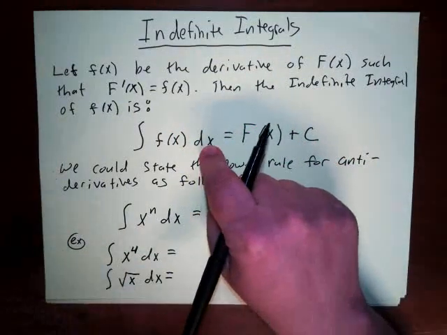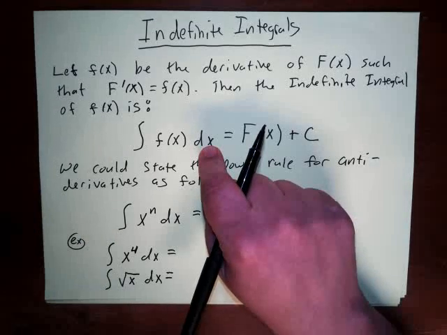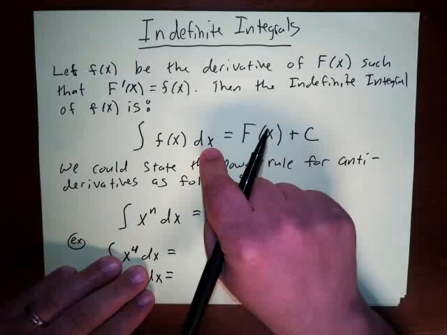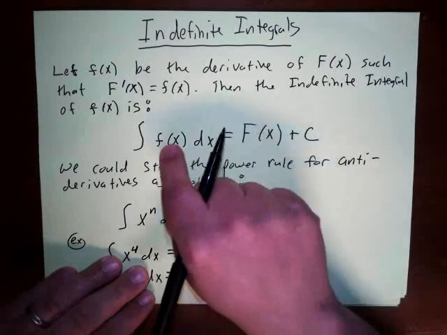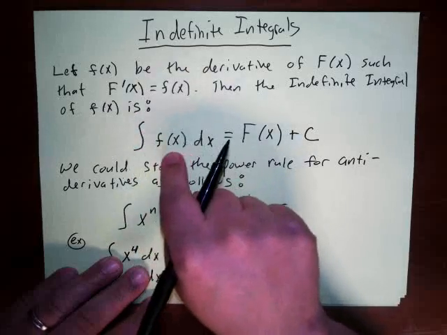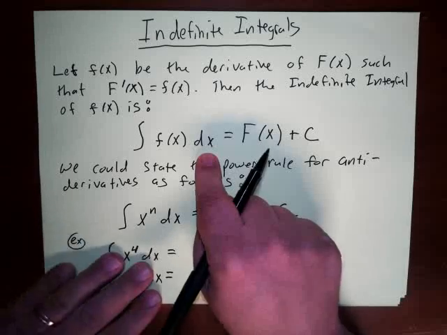The d of x is like dy dx, where the dx at the bottom is what you're taking the derivative with respect to. So it's the derivative of some function with respect to a particular variable, and it's the same here with the integral. You're going to integrate f of x with respect to d of x.